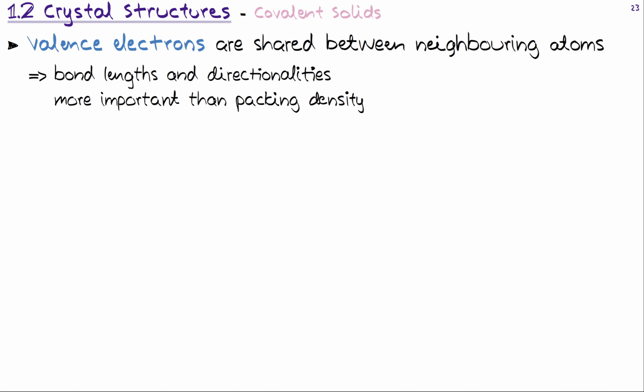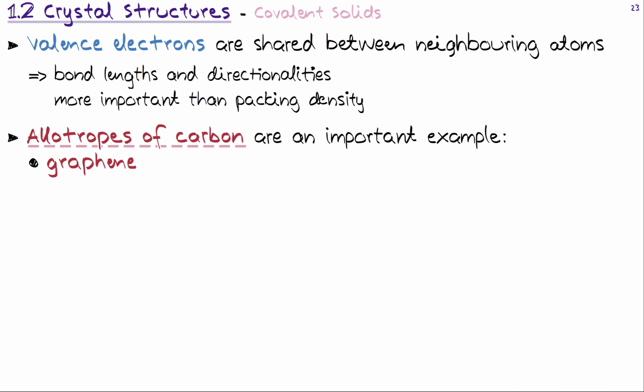So when a covalent structure is being formed, it doesn't minimize the space between lattice points. It's not the densest of structures, but it really helps out in arranging the bonds in a nice way, so that the energy of the system is being minimized. So that's what happens in covalent solids.